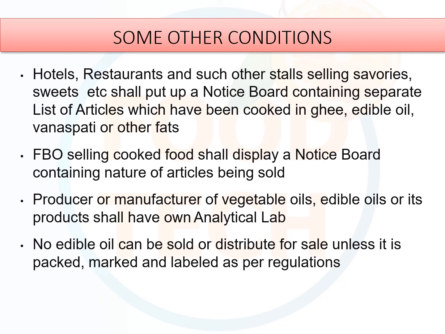Next, producers or manufacturers dealing with vegetable oils, edible oils, or related products should have their own analytical lab, which should include the analytical methods required for oil analysis. And edible oil should not be sold or distributed unless it is packed, marked and labeled according to the regulations set up by FSSAI.